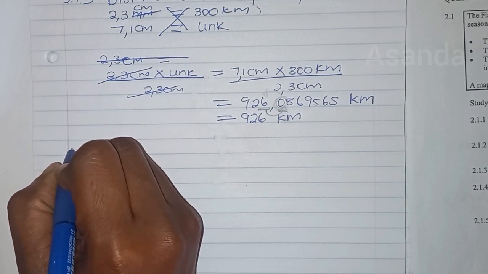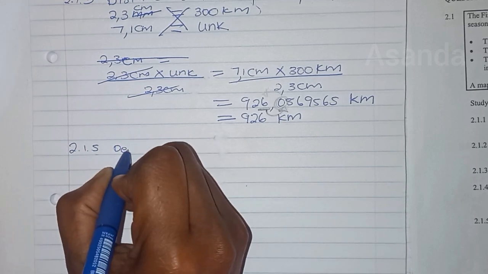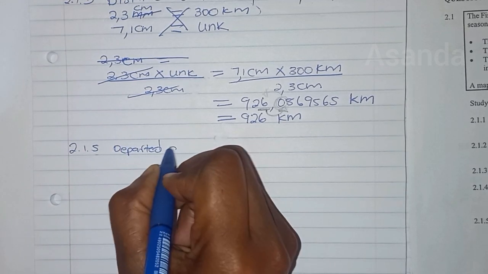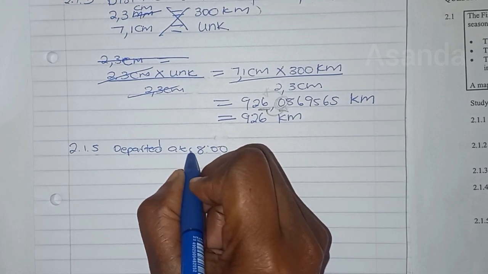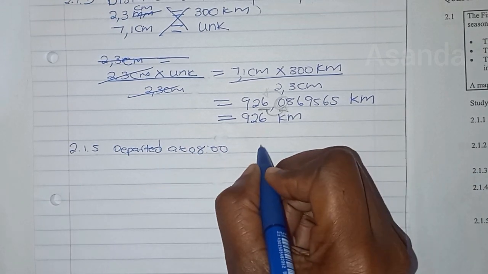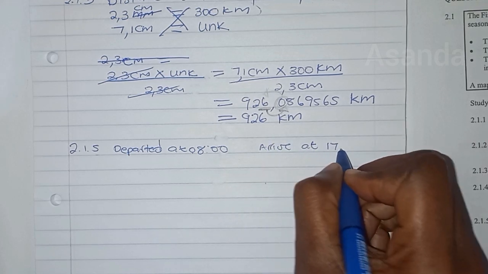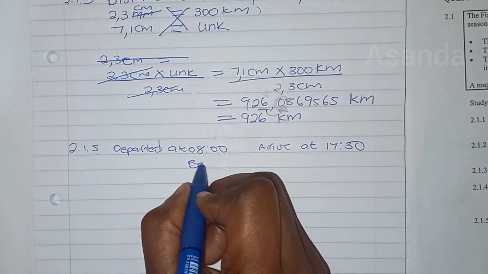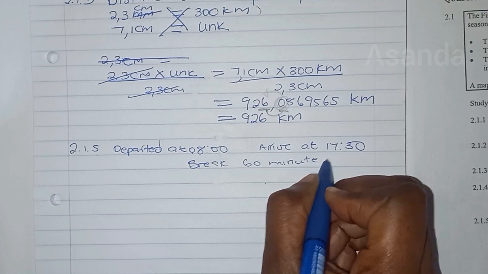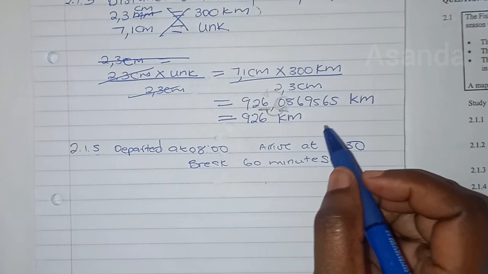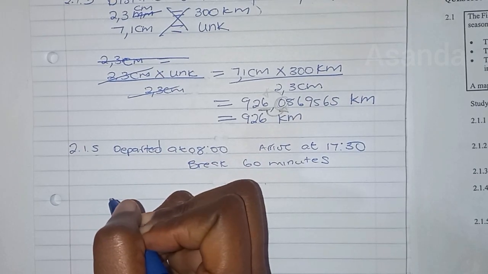So this is 2.1.5. They departed at 8:00, and then they arrive at 17:30. Their break is 60 minutes. Right. Okay, so I'm just going to calculate the duration of the driving time first.